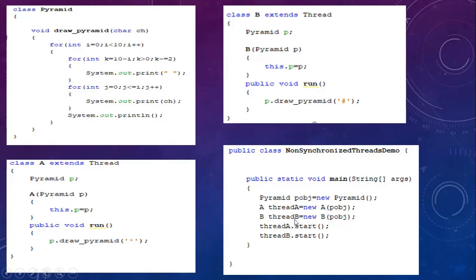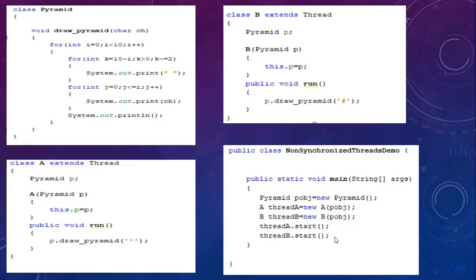When the second thread B is created, in the constructor you are passing pobj, the same object. So here also the constructor call gets linked to the code, and P is basically a formal parameter for the actual parameter pobj. Fine. And then after this, we are starting thread A and thread B. After saying A.start and B.start, both threads are now runnable.